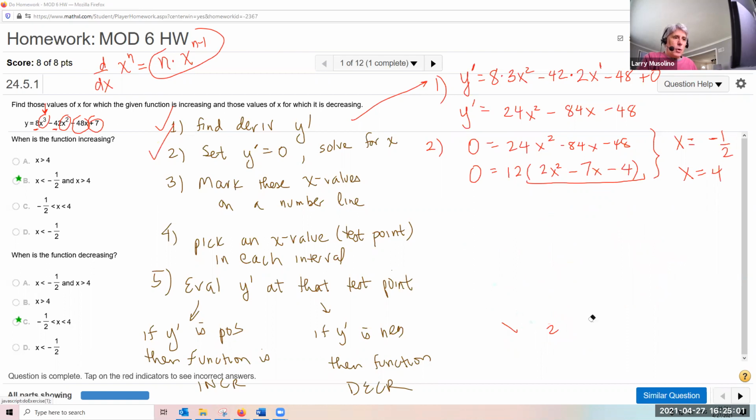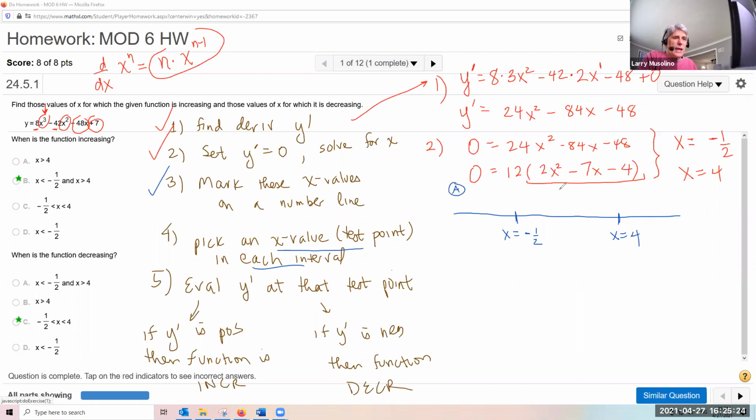Step 3 says mark these x values on a number line. So here's a number line. And I'm going to mark x equals negative 1/2 and x equals 4. Now pick any test point in each interval. I have 3 intervals I just created.